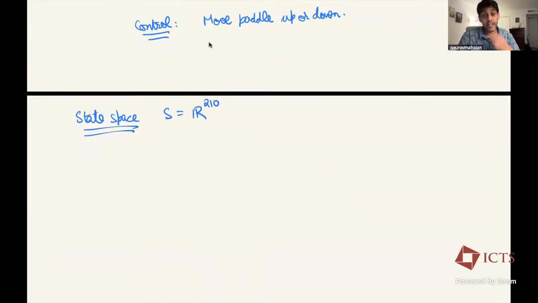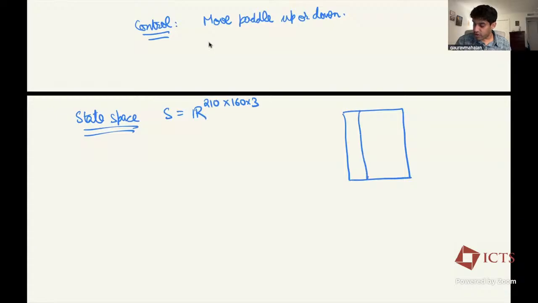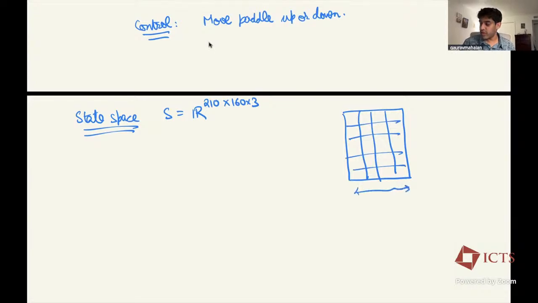You get 3 channels, RGB, so you get 210 by 160. For each color you get the whole screen, this matrix, and then you get 3 matrices like this, for the R, G, and B channels.